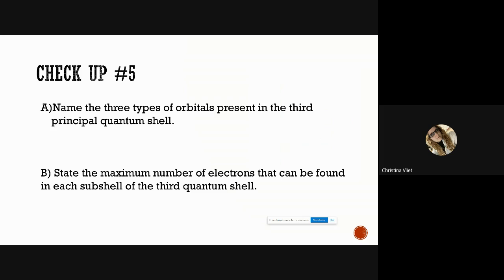What are the 3 types of orbitals in the 3rd energy level? Types of orbitals means sublevels. So what is in the 3rd energy level? S, P, and D. That answers that.